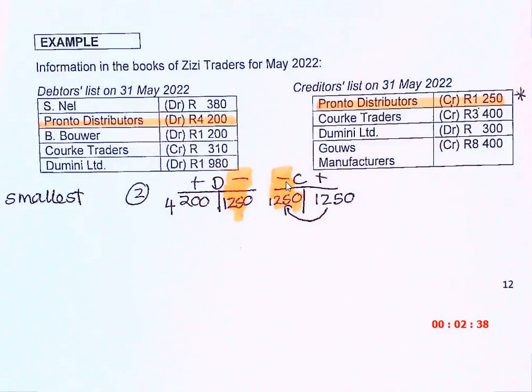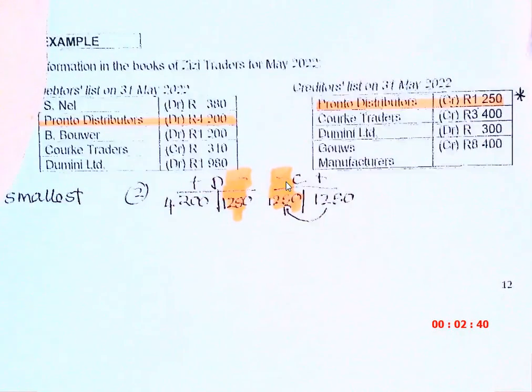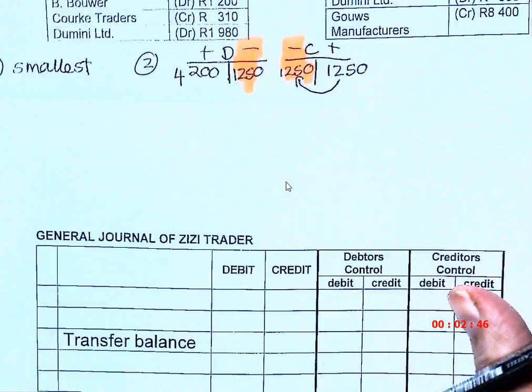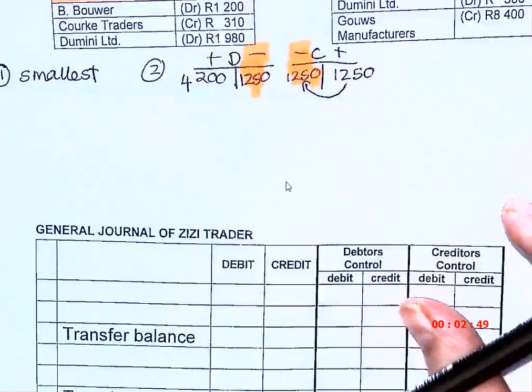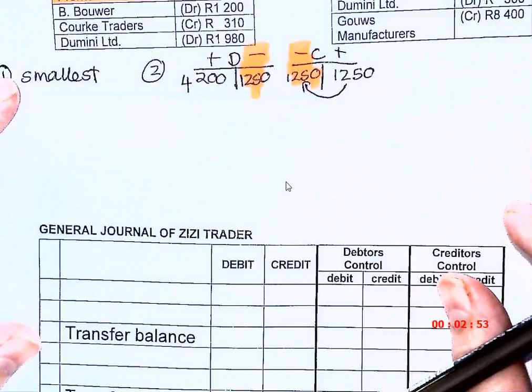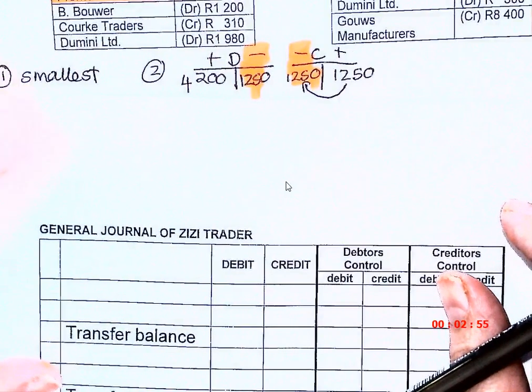Now the thing comes in the writing. So now when I write this over on the ledger, I need to remember what is the guy's name, because I'm not allowed to write controls.